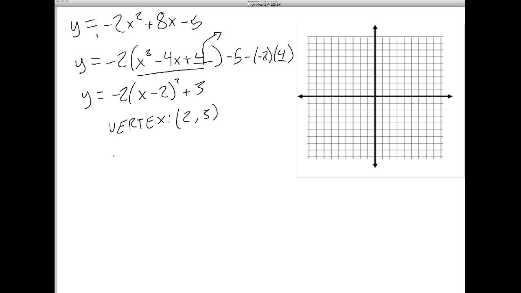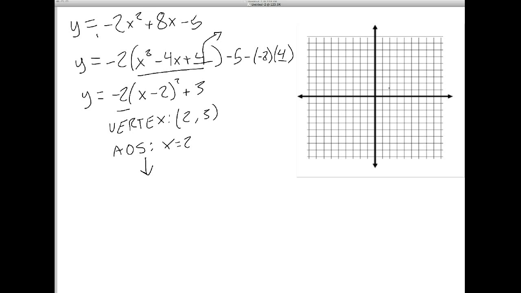Now, our axis of symmetry, or our AOS, is going to be x equals 2. Now, what else do we need to find out? We know the parabola is going to open down because our a is negative.